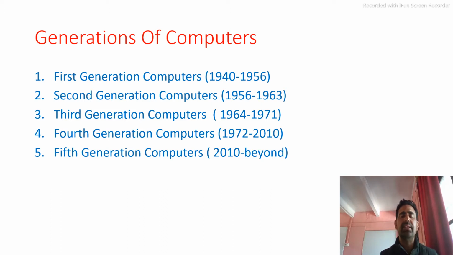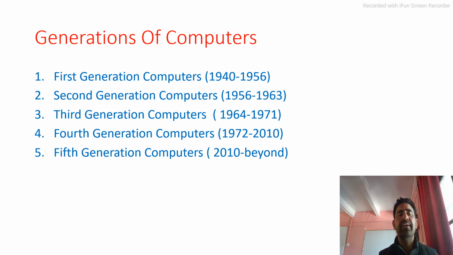The computers that are being developed for the future using artificial intelligence are referred to as fifth generation computers. Students, in different books dates may vary. In different books you may see that first generation computers last from 1940 to 1956, but as far as your textbook is concerned, these are the accurate dates.